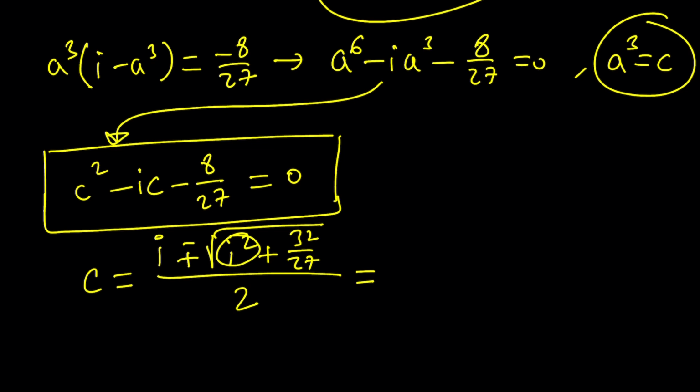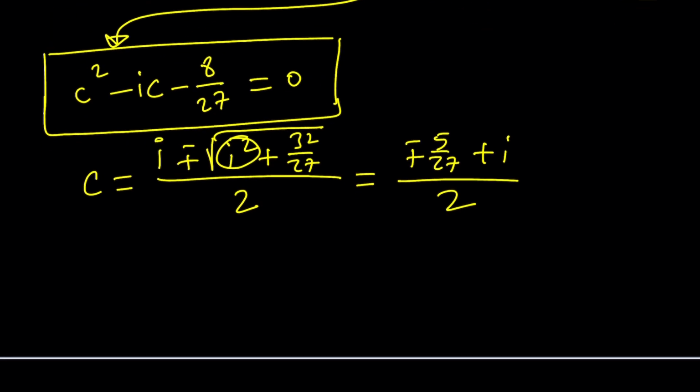So it's going to be like this: plus or minus the square root of negative 5/27, plus i, divided by 2. Obviously, you want to simplify this a little bit. Just multiply the top and the bottom by 27. So it'll be plus or minus 5 plus 27i divided by 54. So that looks a little better than our original equation, doesn't it?